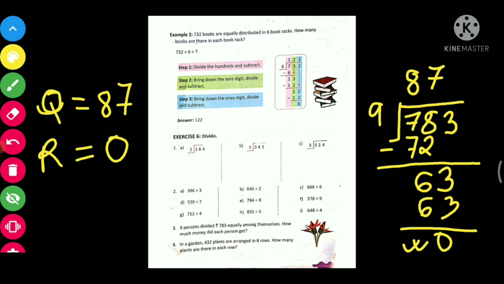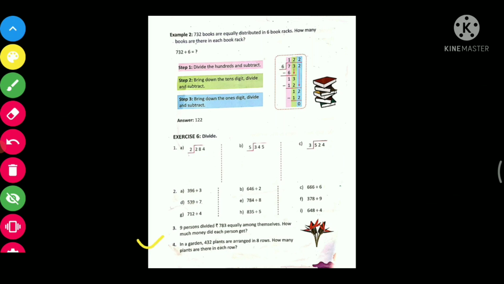So as our quotient is 87, it means what? That rupees 87 will each person get after dividing. Okay, so after dividing this 783 among 9 persons, each will get 87 rupees. Okay, I hope that you have understood this one.